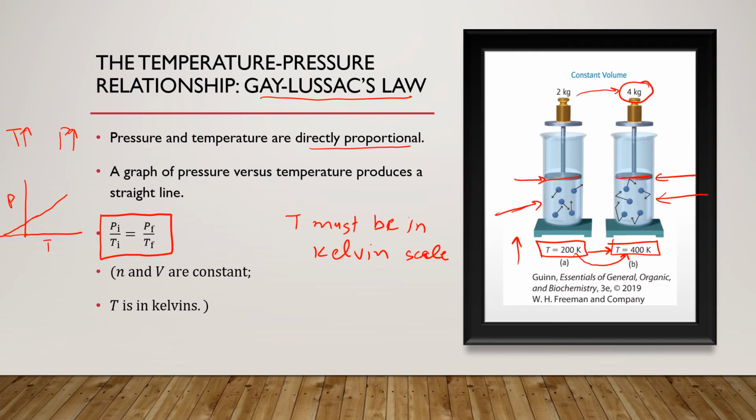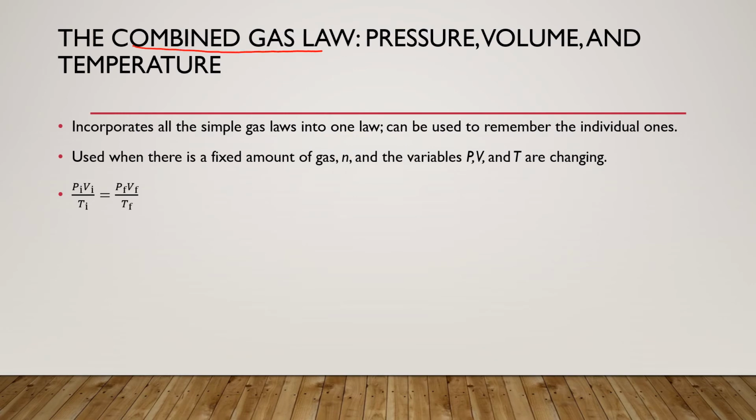The combined gas law incorporates all simple gas laws, that is Boyle's law, Charles' law, and Gay-Lussac's law, into one law. The combined gas law is used when there is a fixed amount of gas n and variable values of pressure, volume, and temperature.